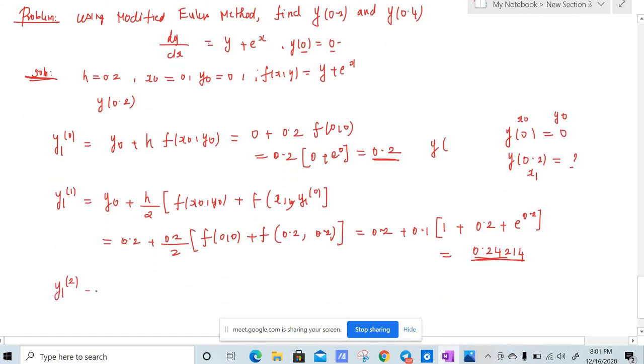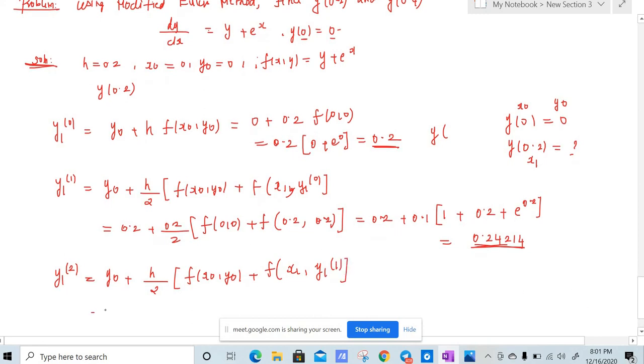So y1 of 2 will be y0 plus h by 2 into f of x0 comma y0 plus f of x1 comma y1 of 1. Y0 is 0, x1 is 0.2, x0 is 0, y0 is 0.